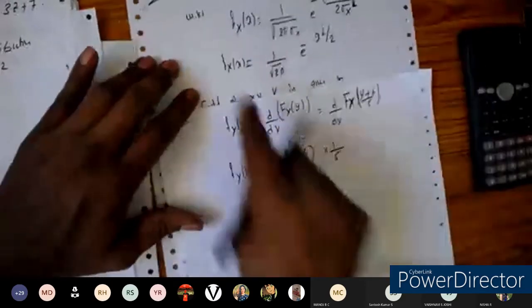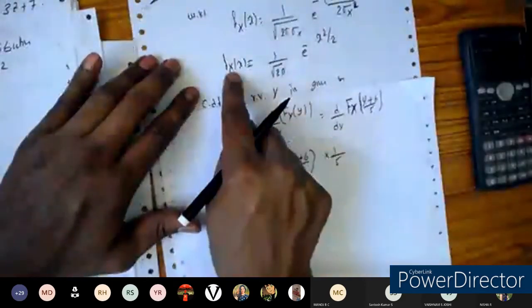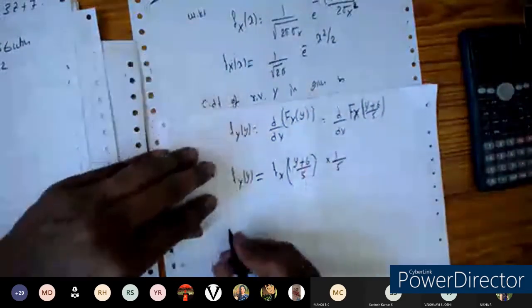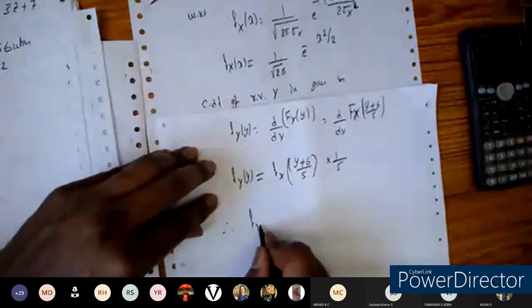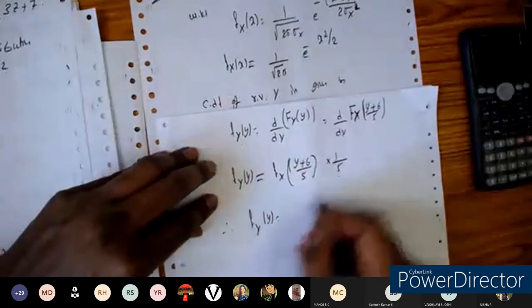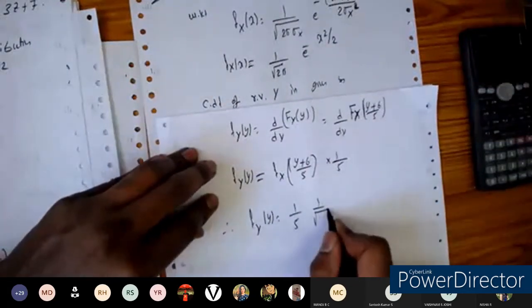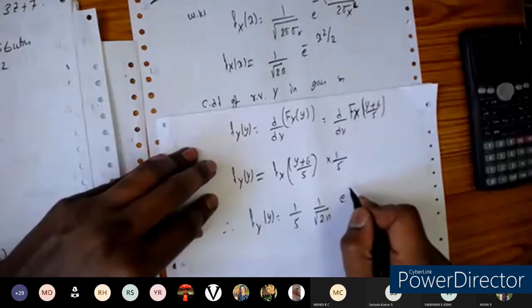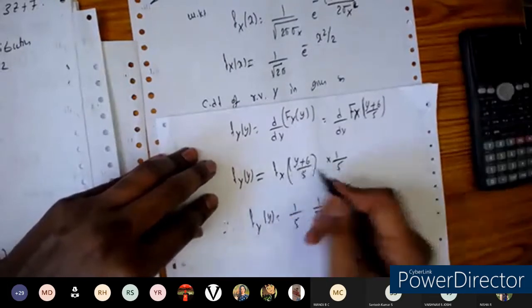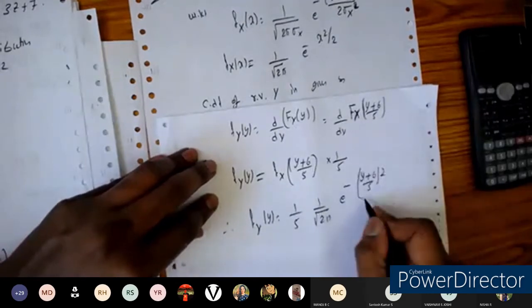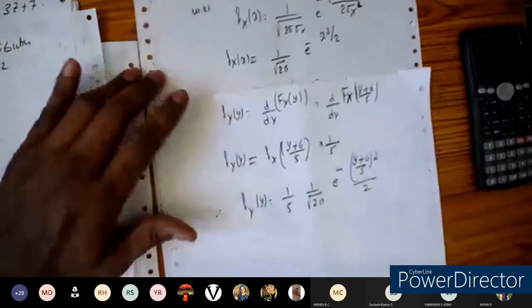Now let us substitute. We have f_X of x here, so wherever x is there, we can replace it with (y plus 6) by 5. Therefore f_Y(y) is equal to 1 by 5, scaled, divided by square root of 2 pi into e to the power of minus ((y plus 6) divided by 5) the whole square divided by 2.